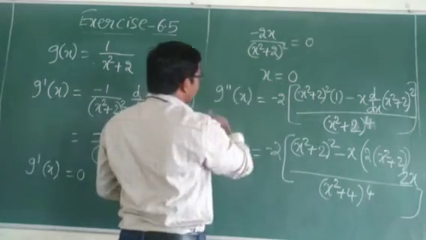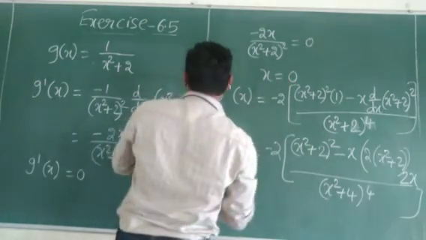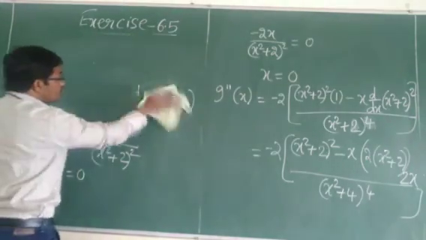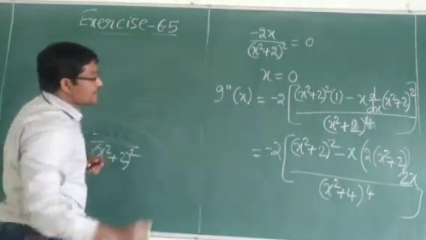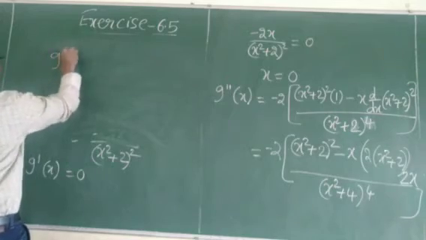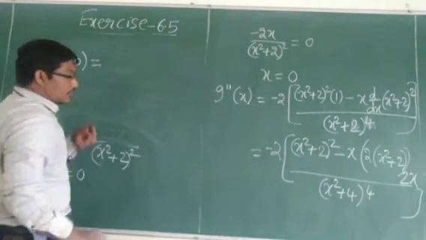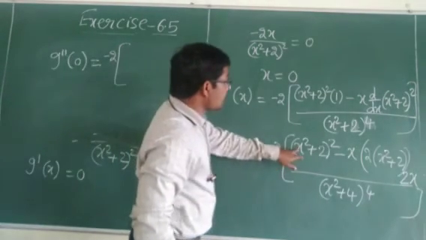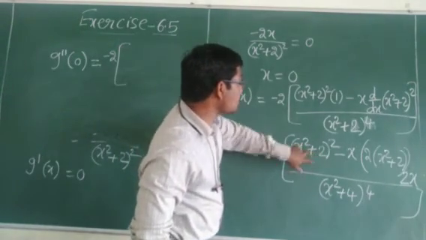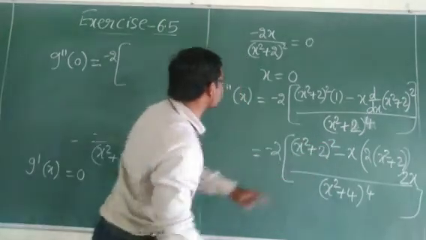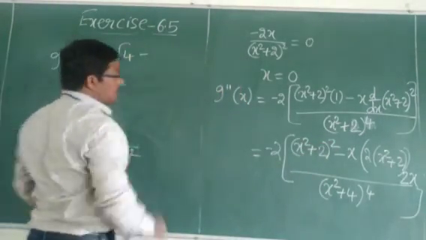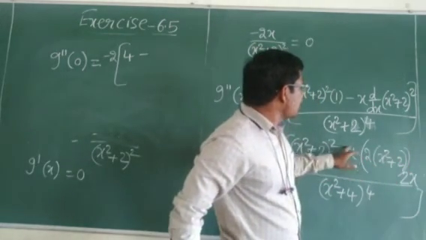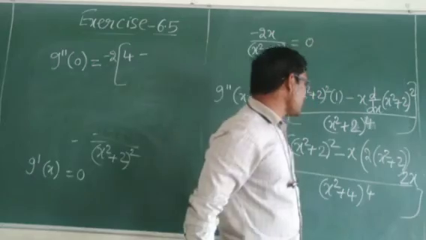Now if we substitute 0 in the second derivative, we can find out whether we get less than 0 or greater than 0. So at 0, substituting, the value is minus 2 into 0 square plus 2 whole square, that is 2 square, 4, minus x into this. Since x is 0, 0 into anything will be 0.